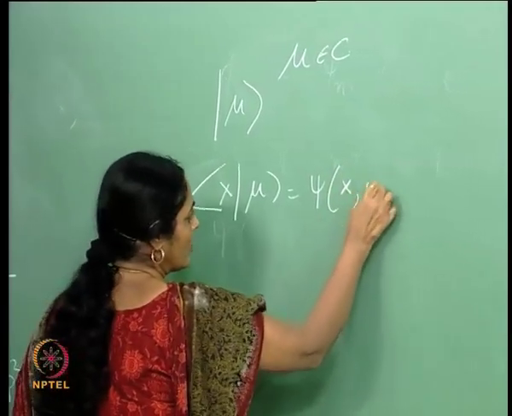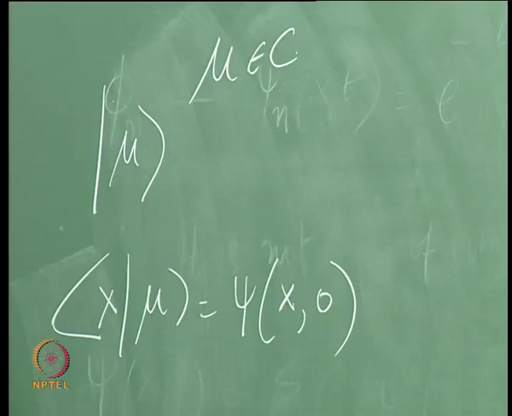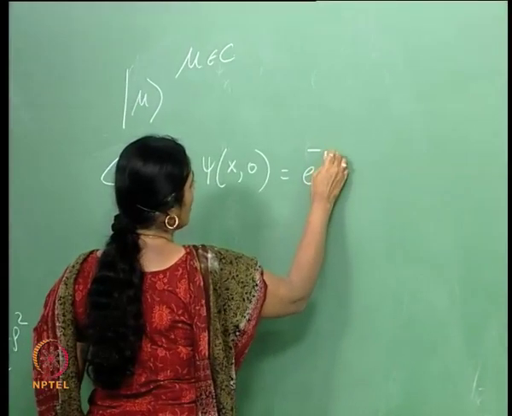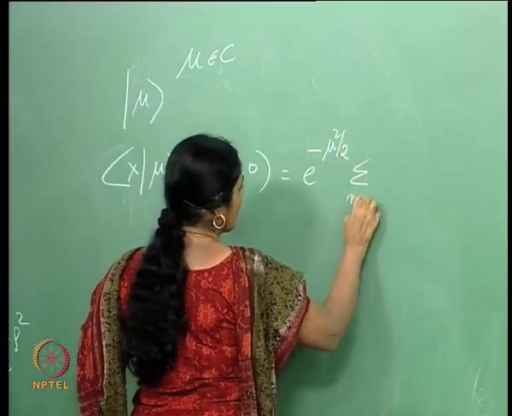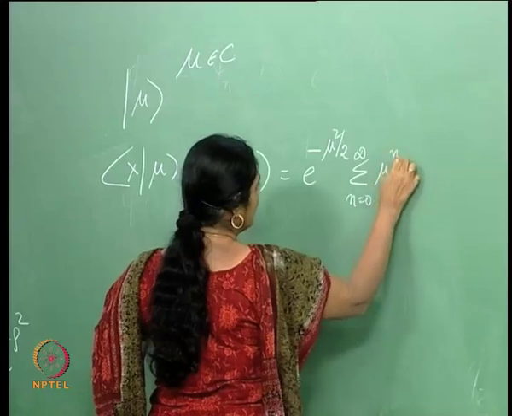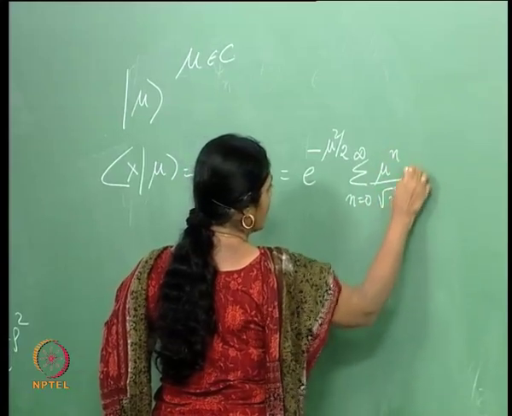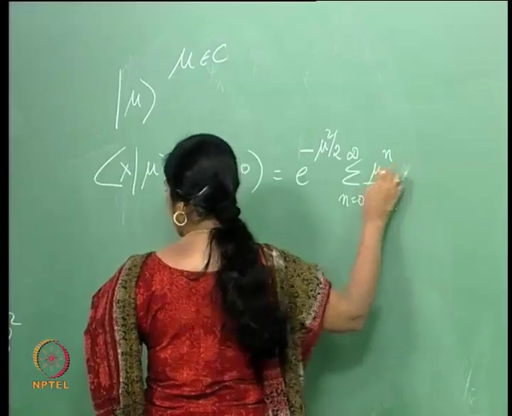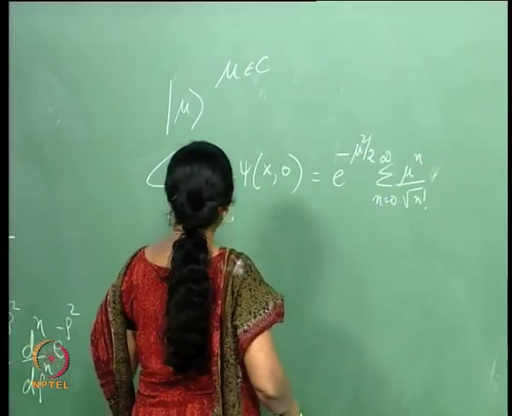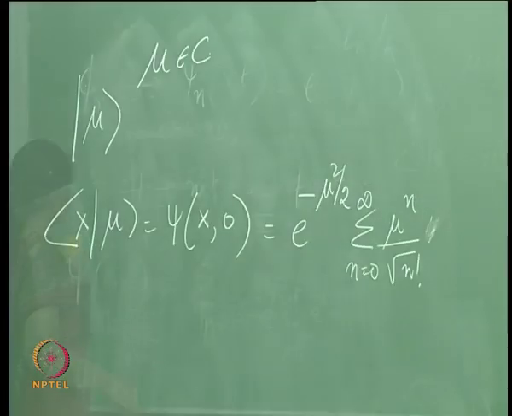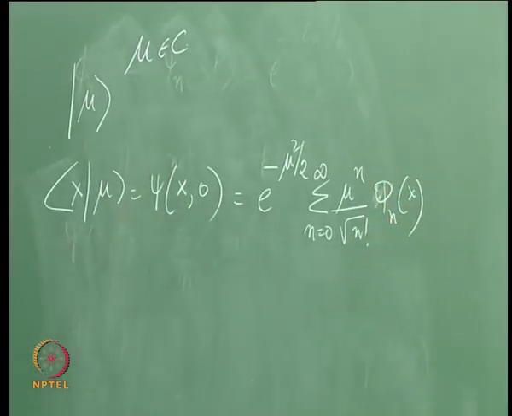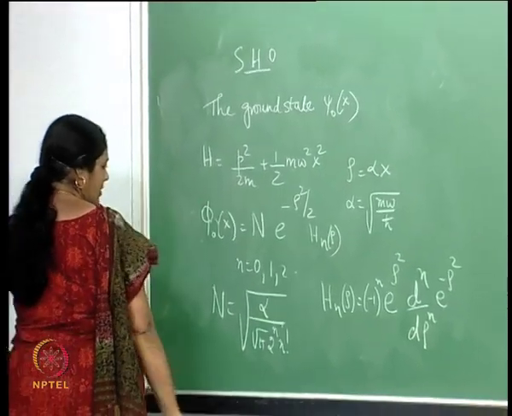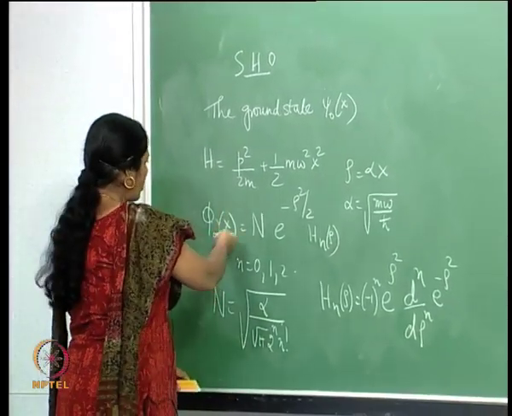My initial state in this problem is e to the minus mu squared by 2 summation n equals 0 to infinity mu to the n by root of n factorial psi n of x, where psi n of x is the energy eigenstate. Maybe I should call it phi n of x, because all the while I have been referring to the energy eigenstate as phi of x. So call this phi 0 of x.